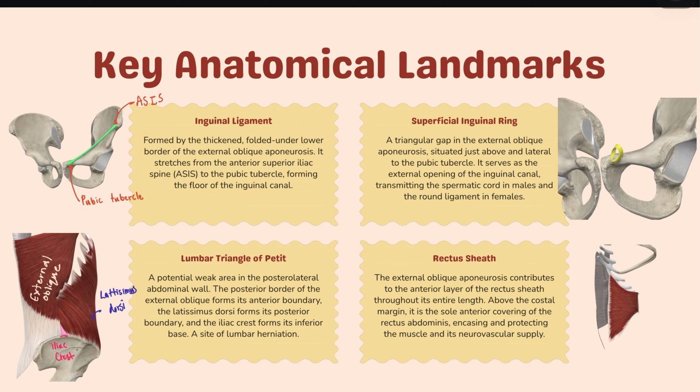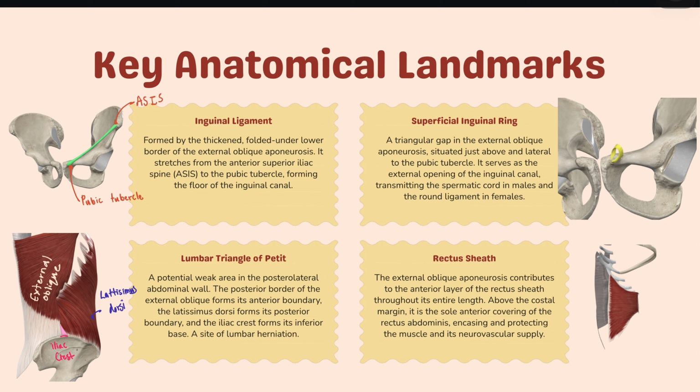The superficial inguinal ring is a triangular gap in the external oblique aponeurosis situated just above and lateral to the pubic tubercle. It serves as the external opening of the inguinal canal, transmitting the spermatic cord in males and the round ligament in females.